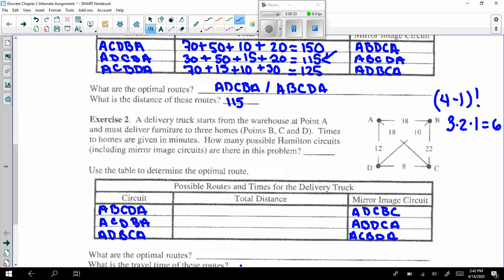So from A to B is 38. B to C is 22. And C to D is 8. Plus, and then finally to A, 12. So that's going to give me a distance of 80.